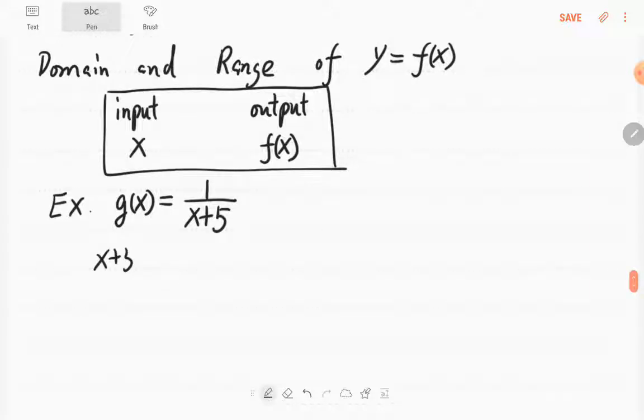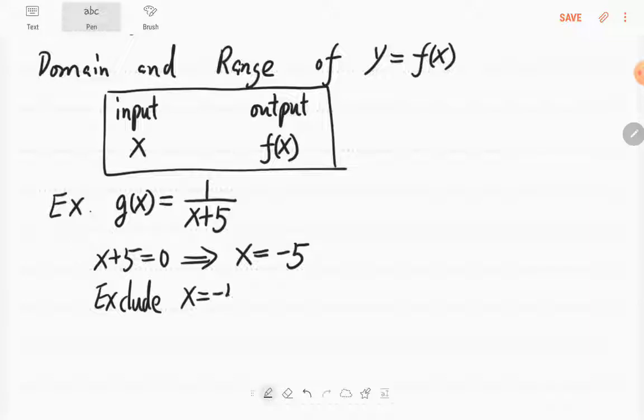X plus 5 equals 0 implies x equals negative 5. So we should exclude x equals negative 5.